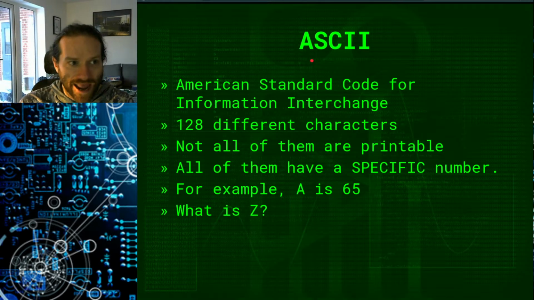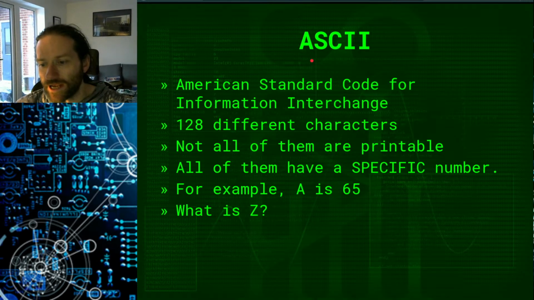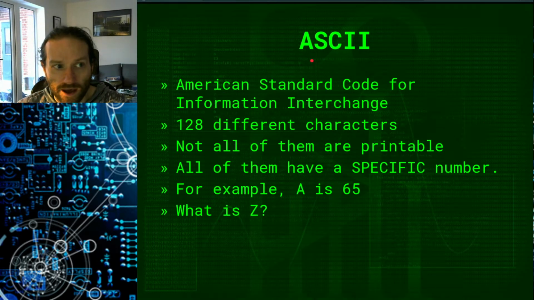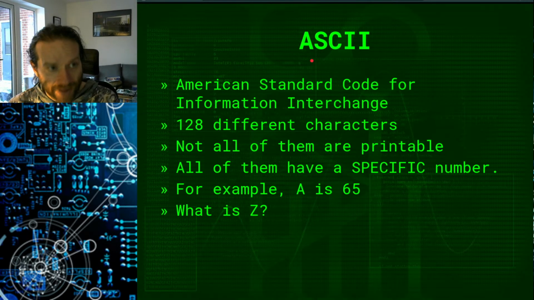You know when you hit the enter key and it creates a new line? Well, what that actually does is it inserts the carriage return character. You know in Python where you type \n, right? That \n, that's actually mapped to a character in the ASCII character set.